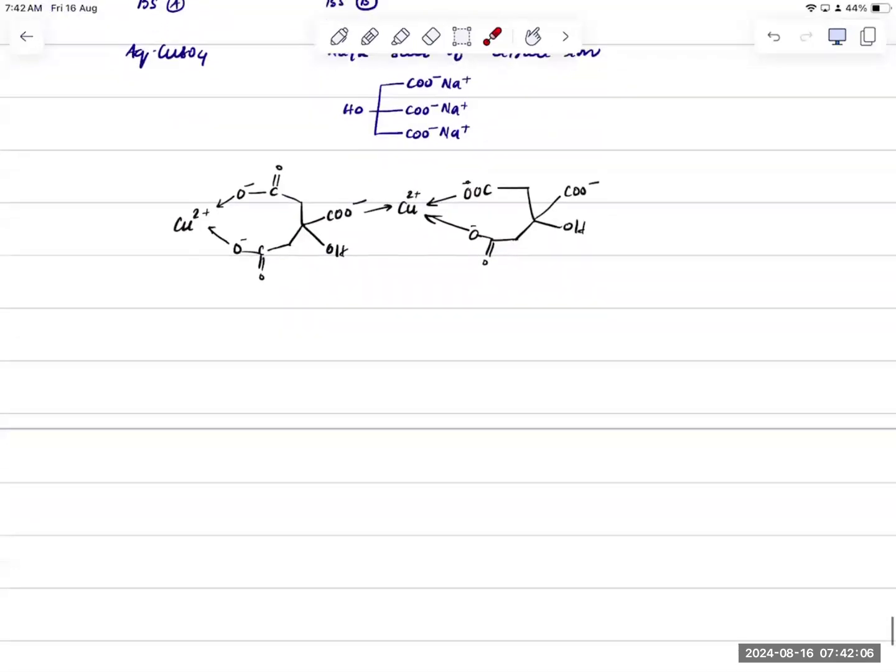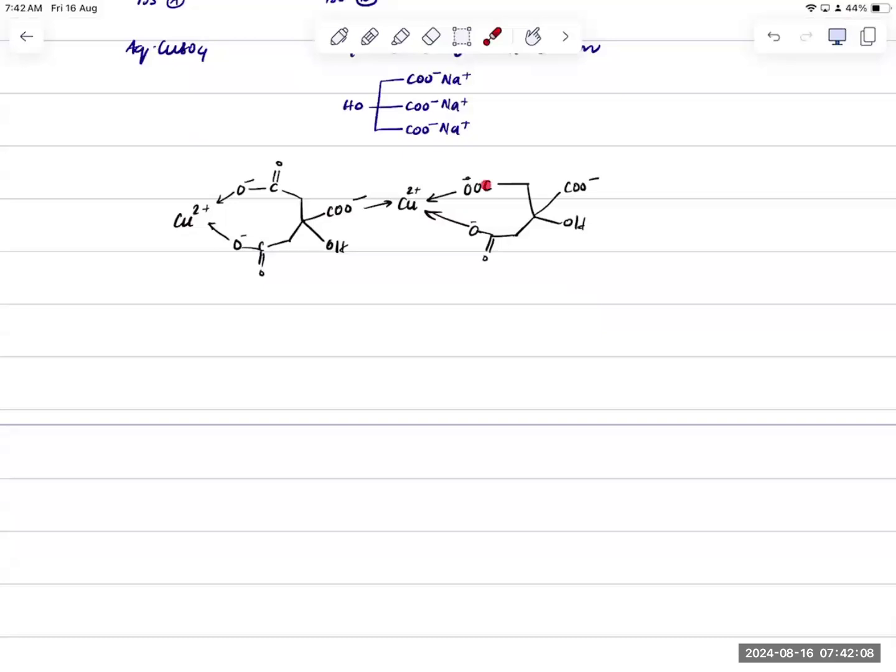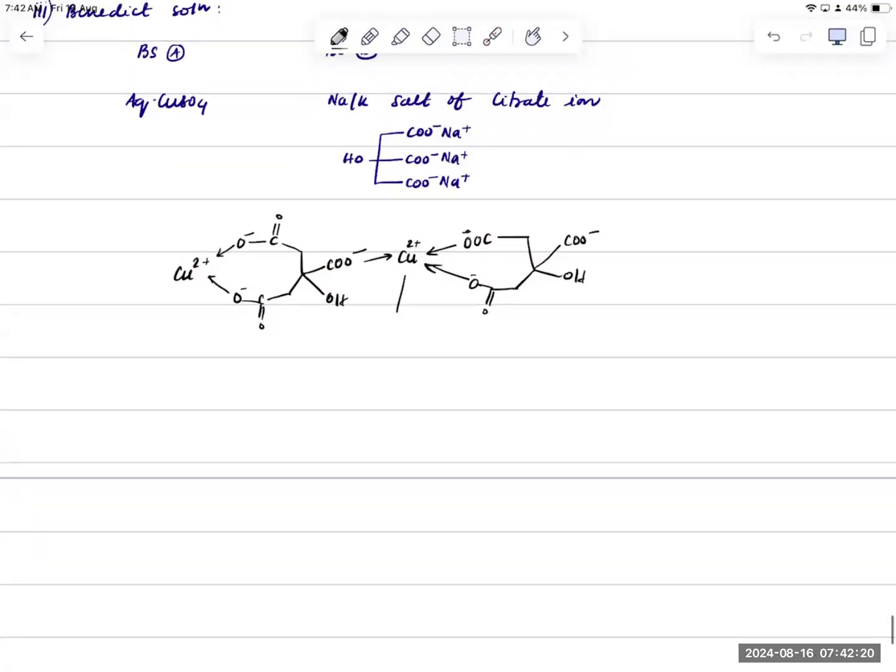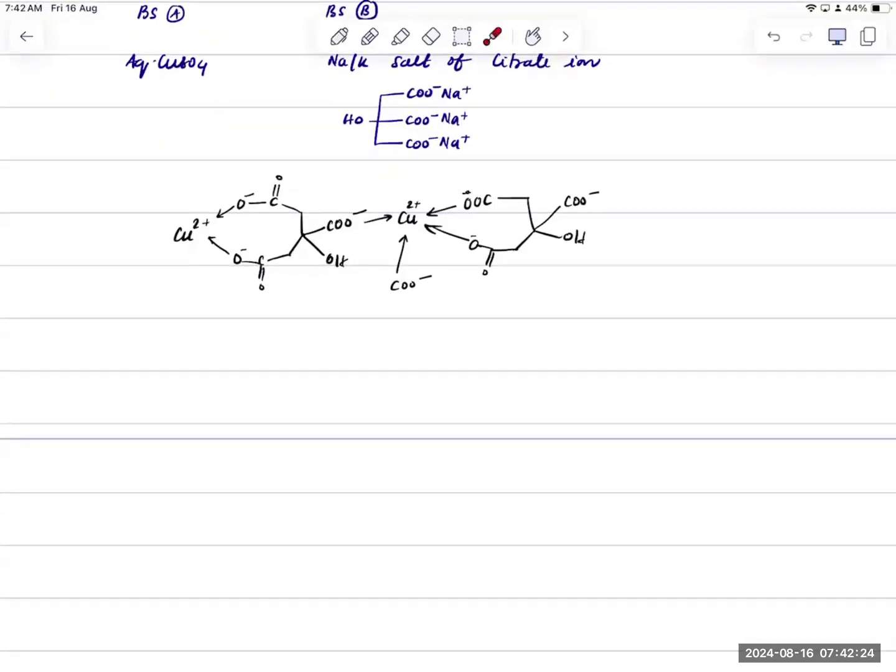So basically you would notice that this CO minus is connecting from one end of a molecule here, correct? And another CO minus will connect from another molecule of sodium citrate. Got it? So my idea is what I'm trying to tell you out of this is check even this oxygen and this oxygen. All these three are involved in complex formation.